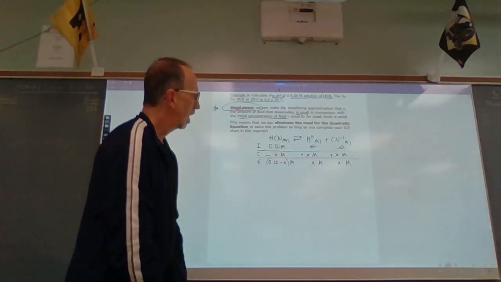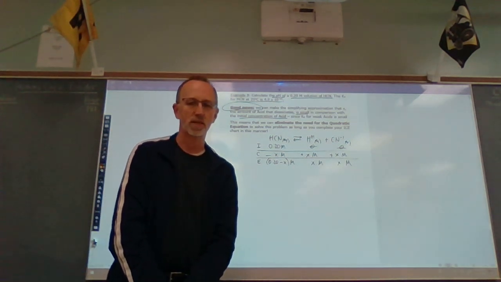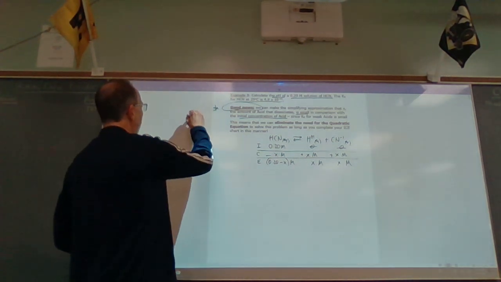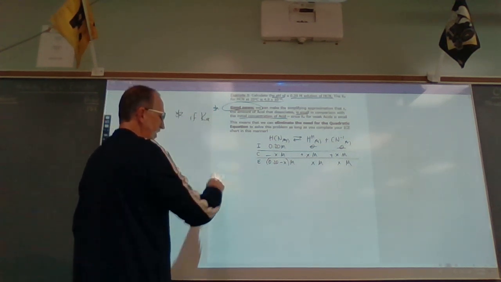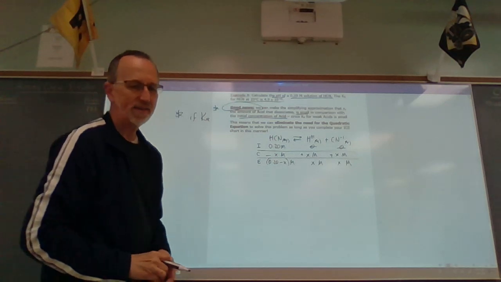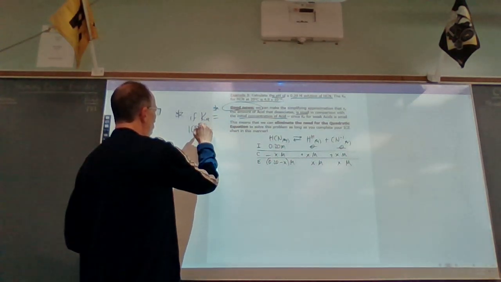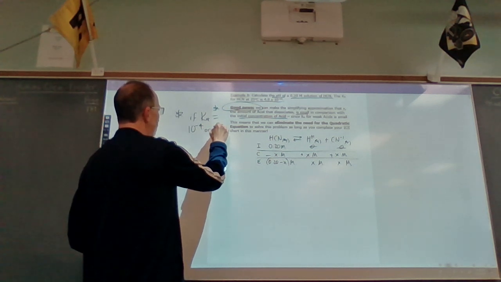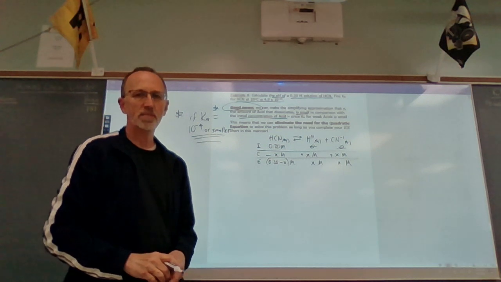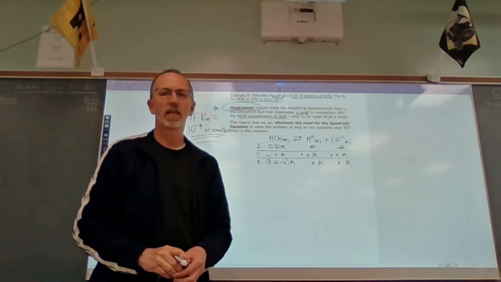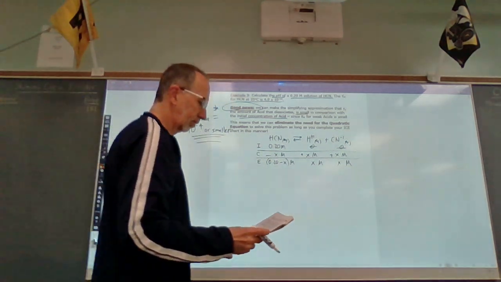And so here's how we can make this simplifying assumption. Big star here: if Ka has a value of 10 to the minus 4 or smaller, then we can make this assumption and eliminate the need for the quadratic equation.